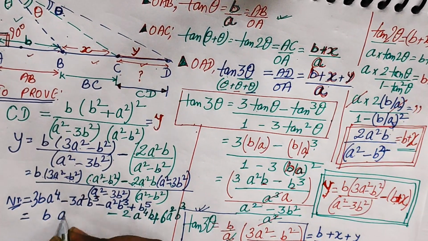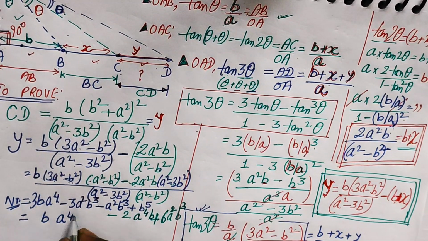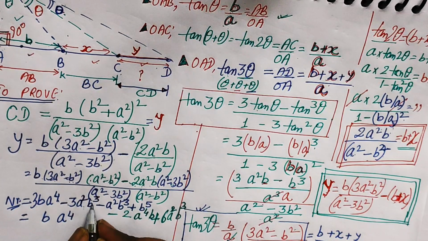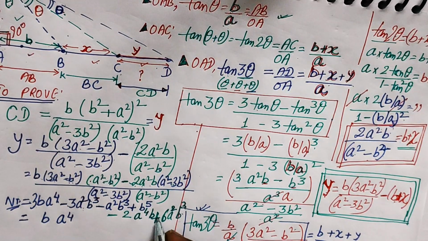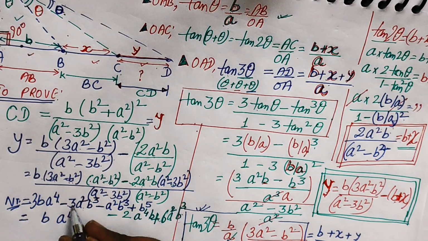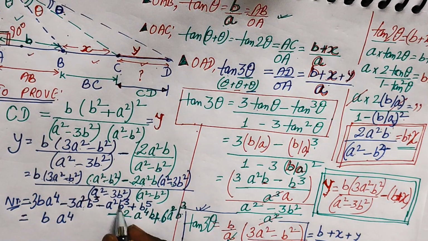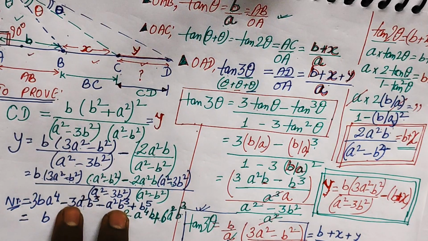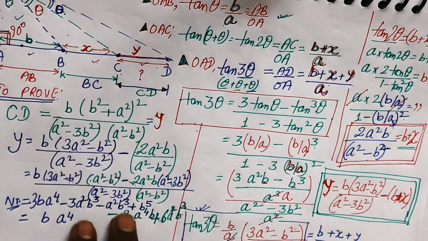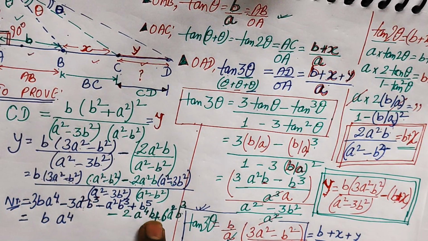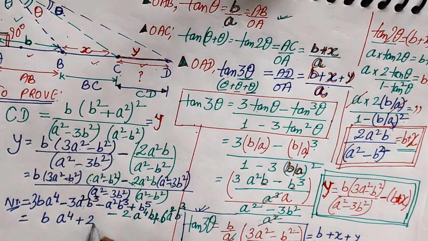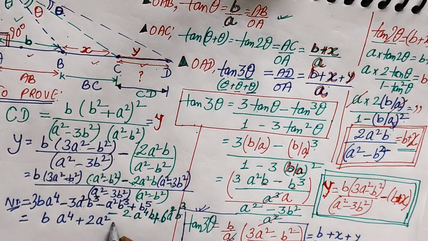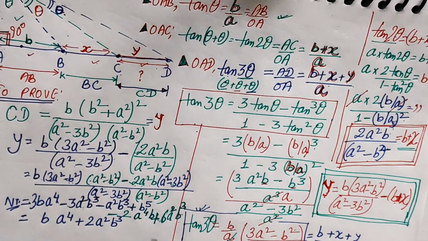Minus 3a square b cube and plus 6a square b cube. Here you can see 6a square b cube minus 3a square b cube and again minus a square b cube. So here is minus 4a square b cube plus 6a square b cube. This will give you plus 2a square b cube, right?